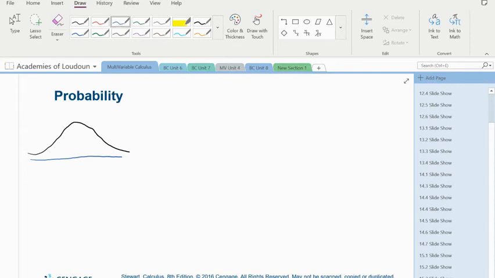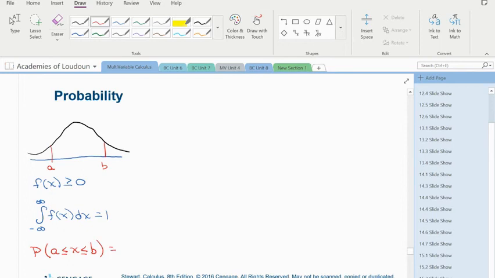Now, we know from this that f of x is greater than or equal to 0 for all x, and that the integral from negative infinity to positive infinity of this function is equal to 1, and that the probability that x lies between a and b is found by integrating from a to b of f of x dx.